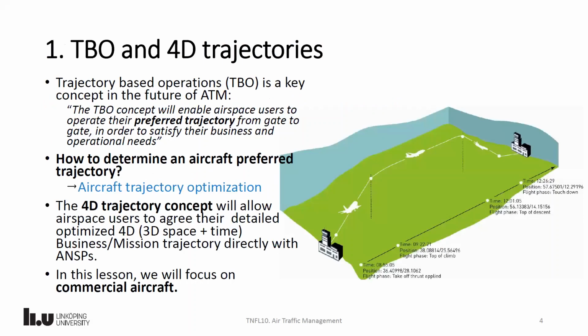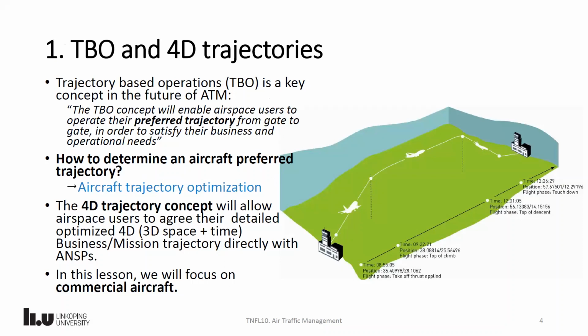As you know, this is something that we already know because we have been seeing what Cesar wants to do in this class in the first 2 weeks. So we know that there is a concept which is trajectory-based operations, which is a key concept in the future of ATM.